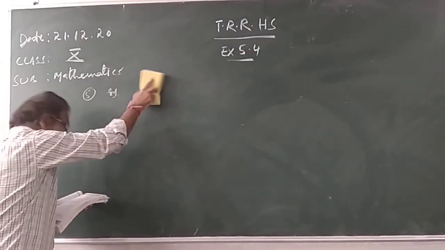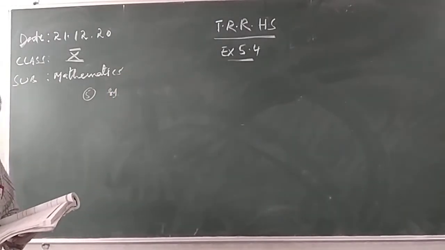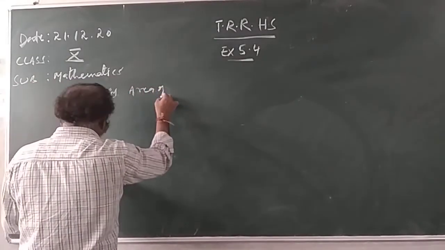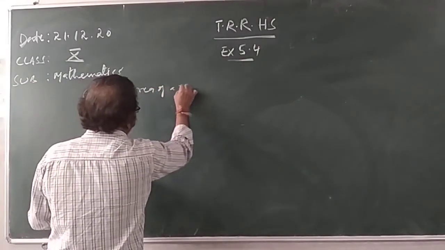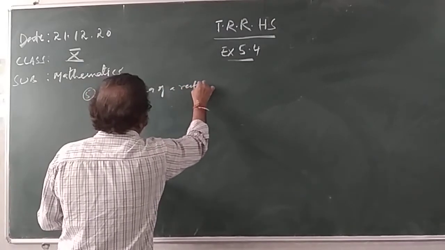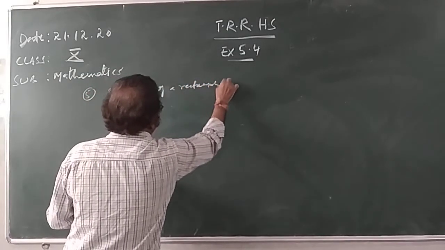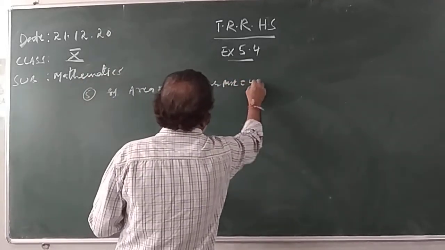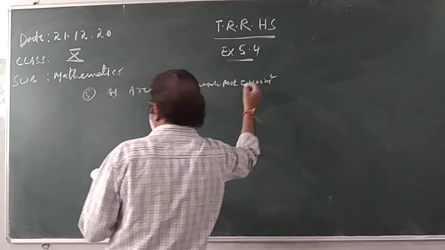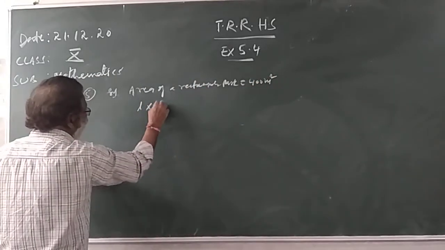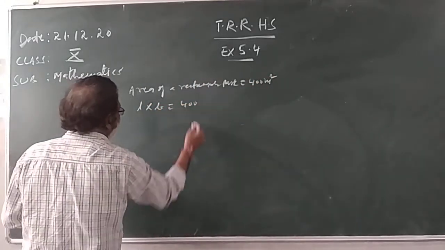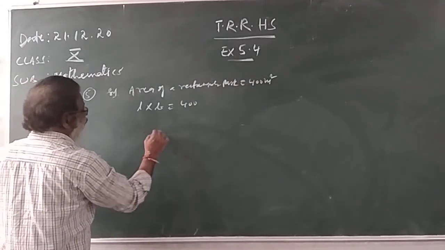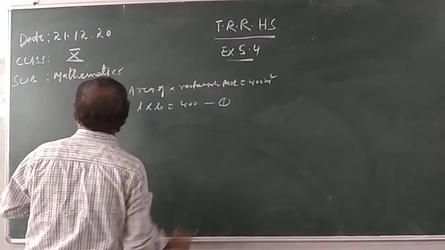Area formula: L into B is equal to 400. This is the first equation.